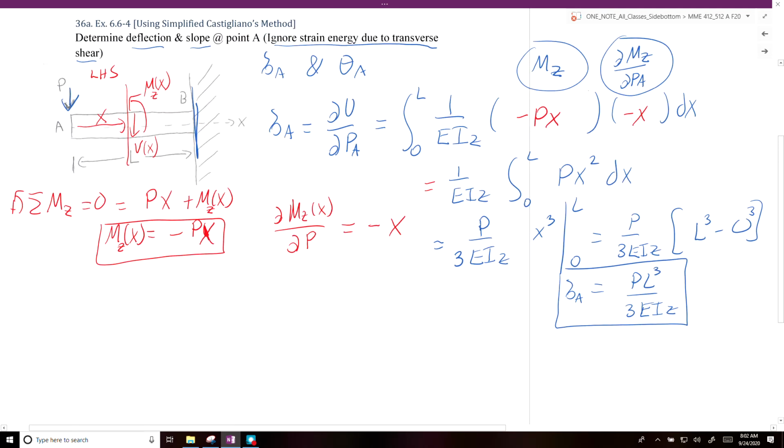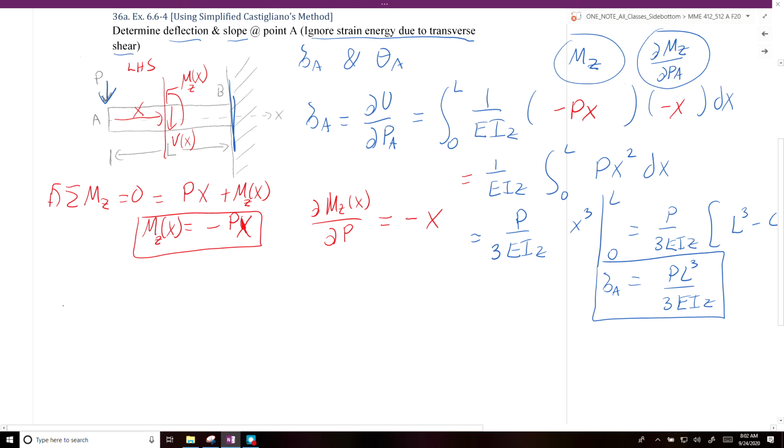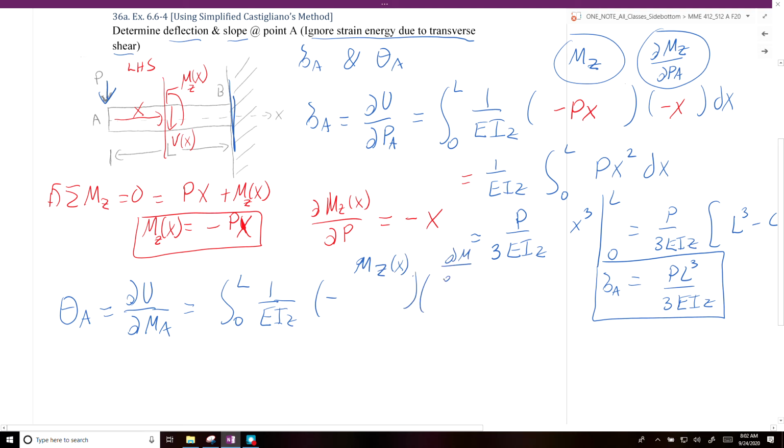Alright, so we can do a similar process for theta A. So we want to find the slope at point A. We just have to take the derivative of our strain energy with respect to the moment applied at point A. Using the simplified Castigliano's method, that would be equal to 1 over EIz times the integral of Mz of x times the derivative of Mz of x with respect to the concentrated moment at point A, dx.